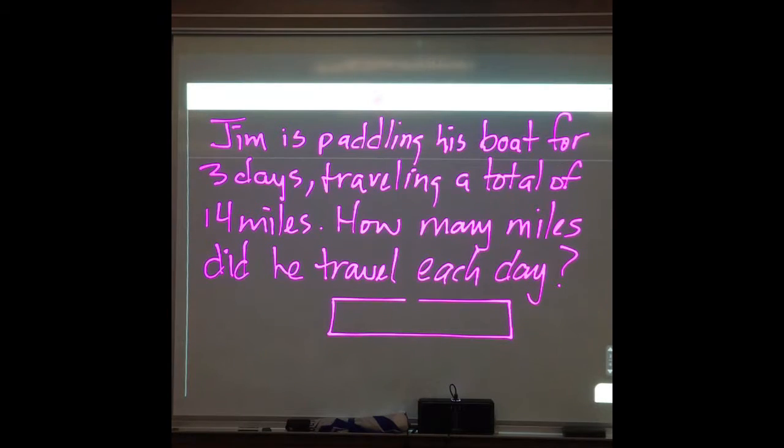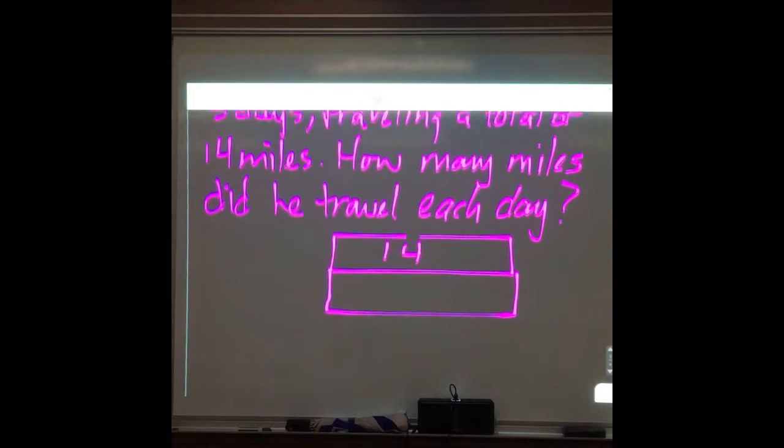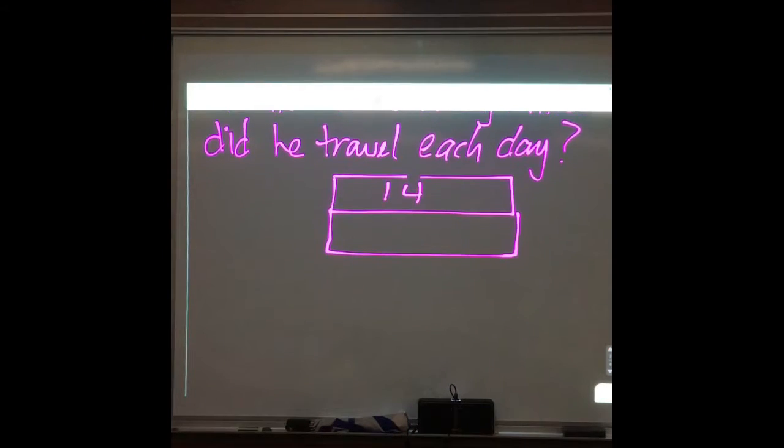So our top number needs to be what then? 14. And then our stack tape diagram, which we find easier than just a regular tape diagram. How many days? 3. So we have 14 divided by 3.